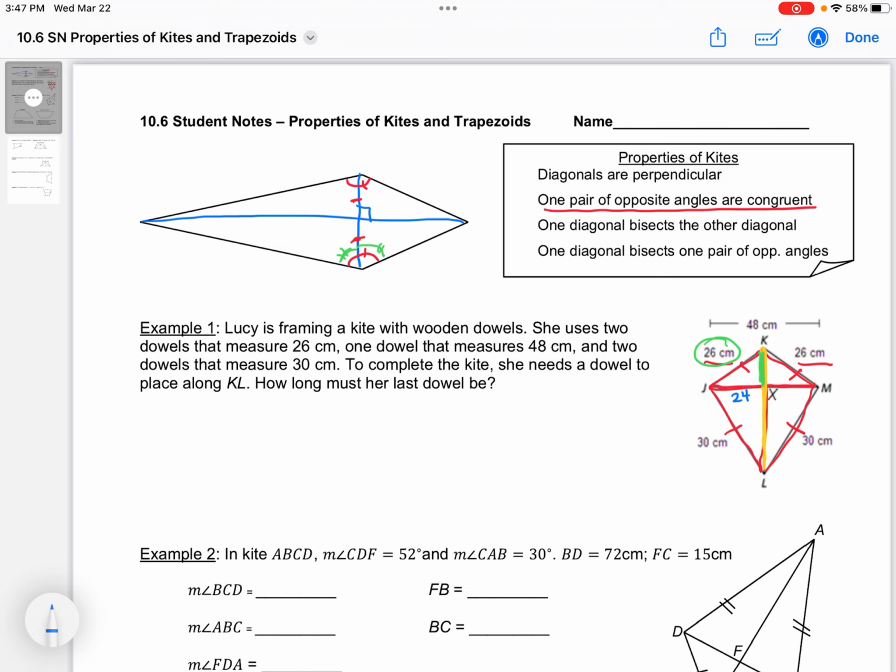So now I can find this side. I'll put an A, I guess, because we're going to use A squared plus B squared equals C squared. So we have A squared plus 24 squared equals 26 squared.